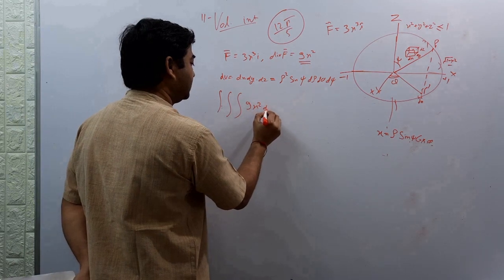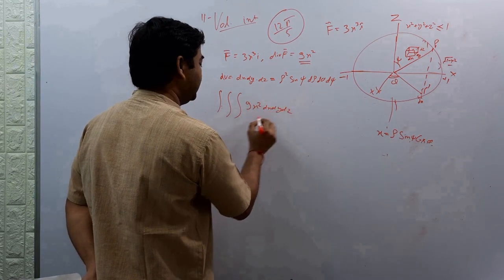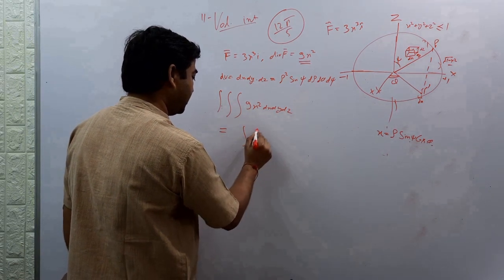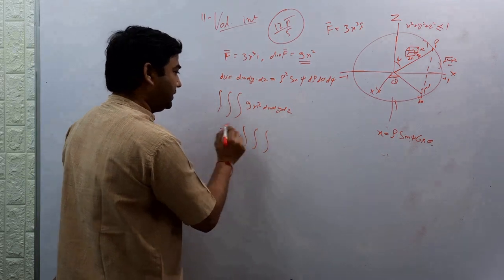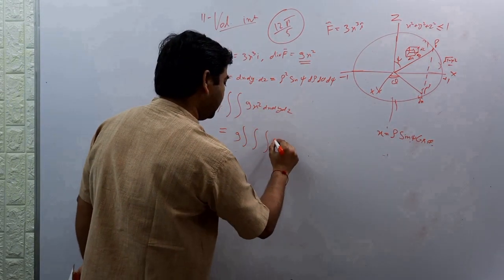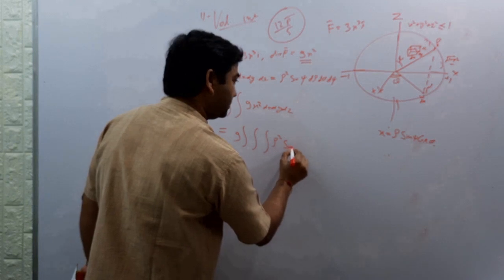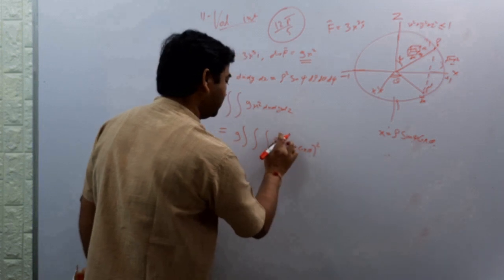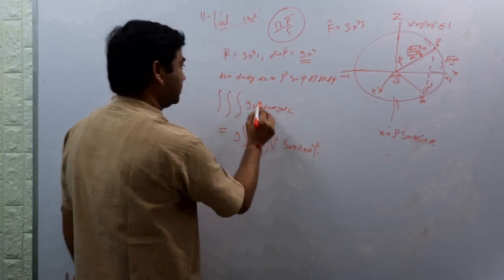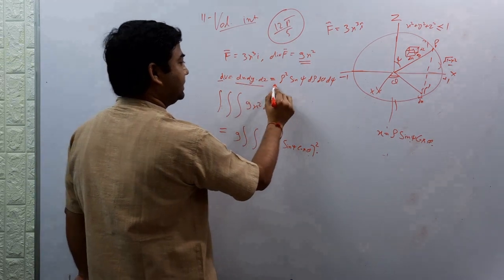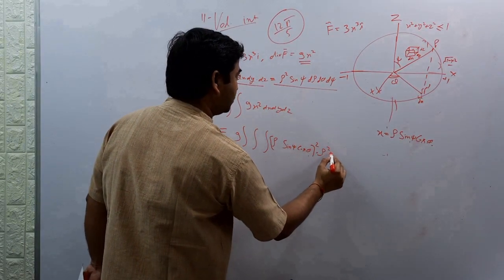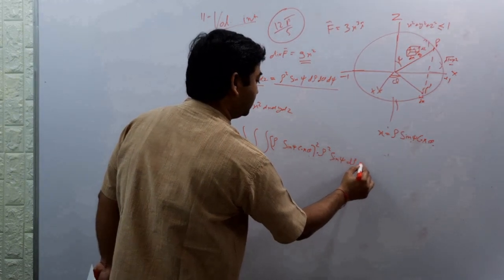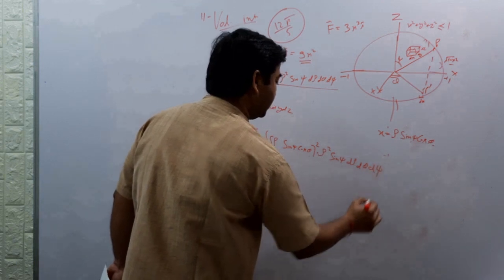So the triple integration you can write as integral of 9x squared dx dy dz. When you convert it into spherical polar form, you can write 9 here, x is this, so it is rho squared sin squared psi cos squared theta, into dV, that is rho squared sin psi d rho d theta d psi.